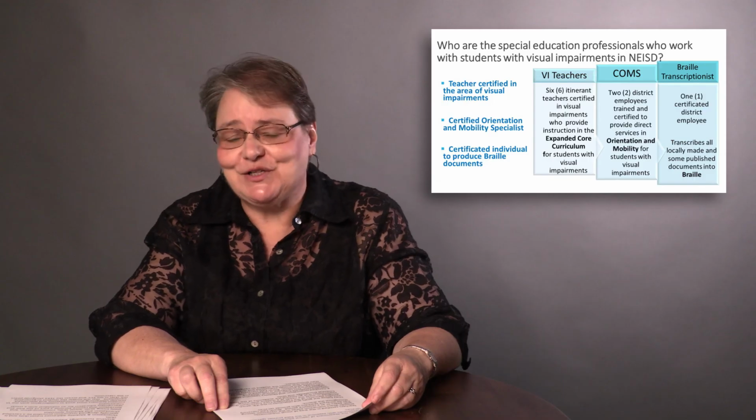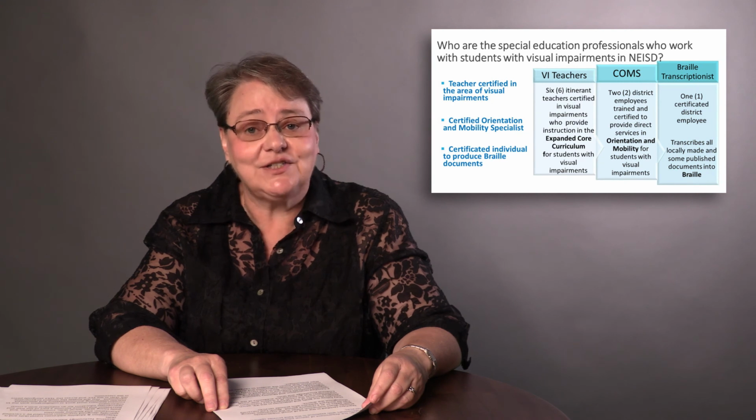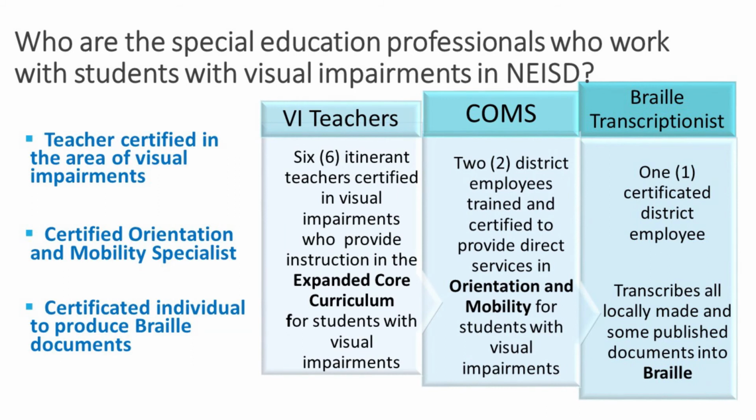Through the Department of Special Education, professionals with expertise in specific areas provide services for students with visual impairments. Teachers certified in the area of visual impairments provide direct instruction either in the classroom setting with peers or as a resource period. Northeast Independent School District currently has 6 itinerant teachers who provide services throughout the district.